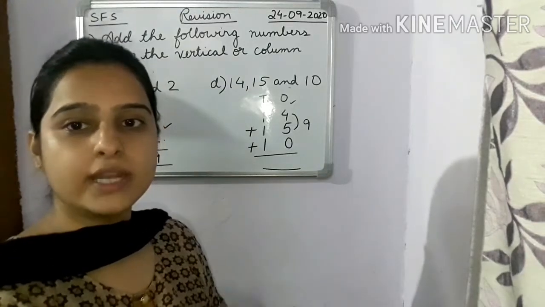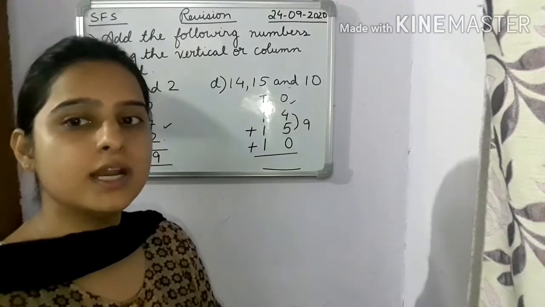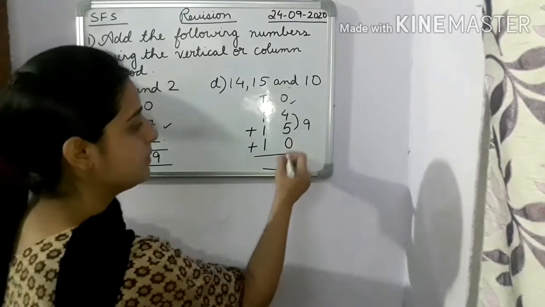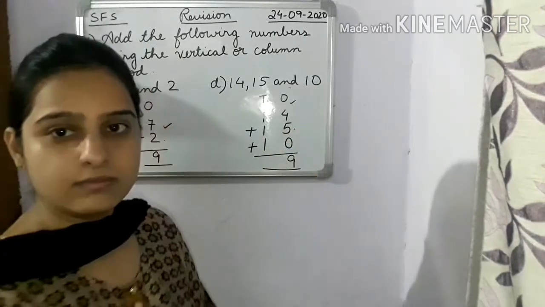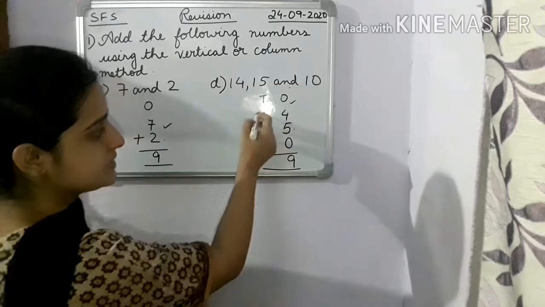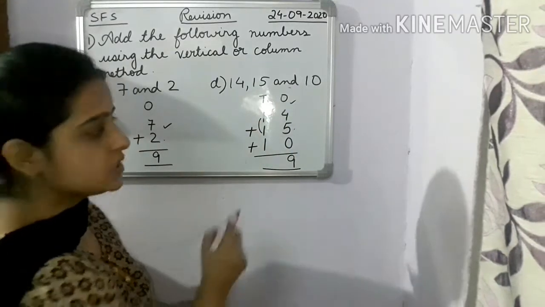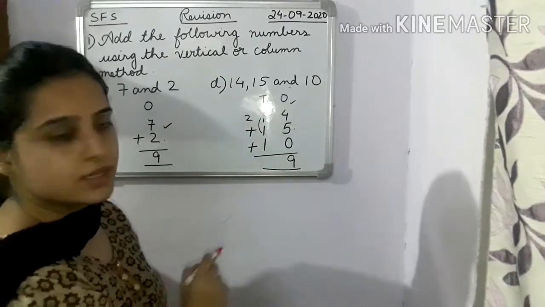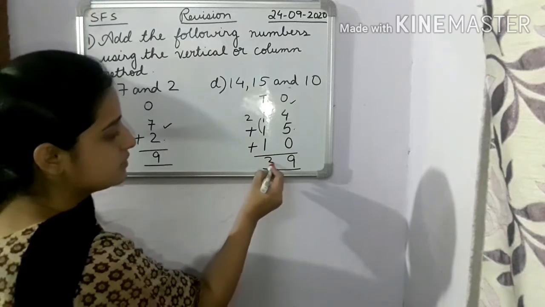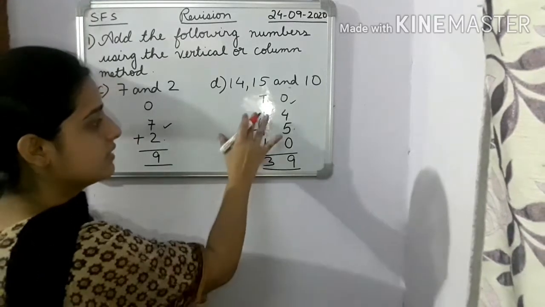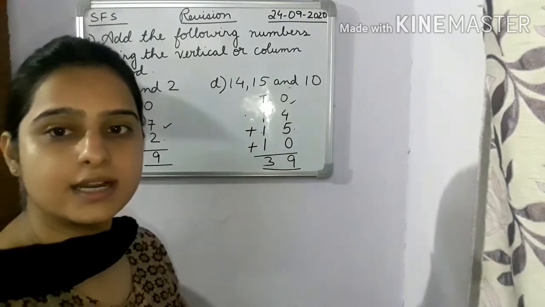You know that when we add 0 to any number, the sum is the number itself. So 9 plus 0 is 9. Okay. Let's move to 10's place now, children. So 1 plus 1. 1 plus 1 is 2. Now 2 plus 1 is what? 3. So our sum is 39. Clear? Our sum is 39.